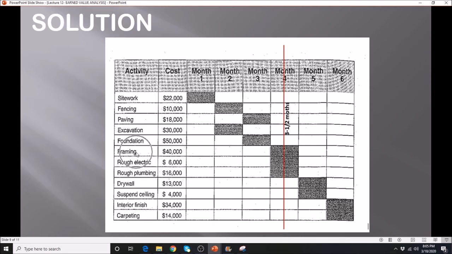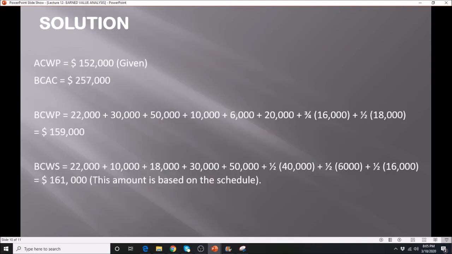All your framing, your rough electrical and rough plumbing are all half based on schedule. And site work 1, fencing 2, paving 3, excavation 4, and foundation 5 should have been completed. That's why you will notice here that we have 1, 2, 3, 4, 5.